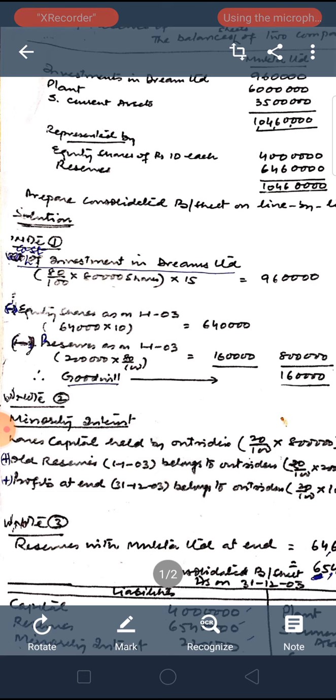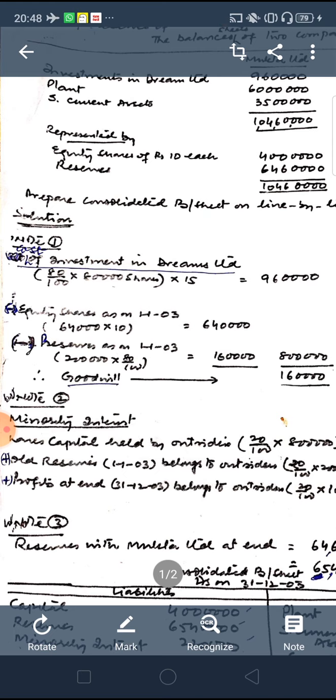Secondly, under the gross consolidation technique, we have to ascertain the share belonging to outsiders, that is 20%. The capital held by the outsiders is 20% of 8 lakhs, that is 1,60,000. 20% of the old reserves of 2 lakhs belongs to them, that is 40,000. Total reserves as on 31st December were 3 lakhs, but 2 lakhs is of the previous year, because generally the reserves and surplus balance starts with the balance of the previous year and then adds or deducts the current year's profits or losses.